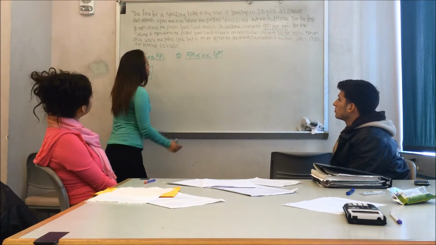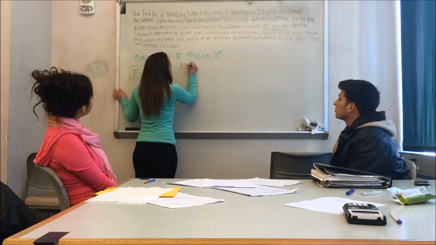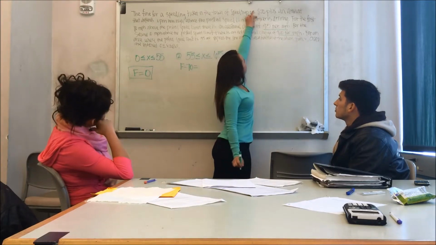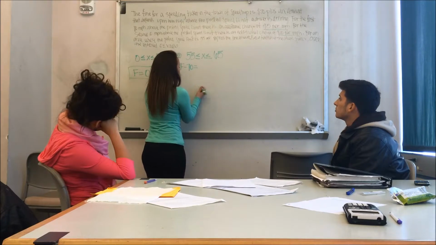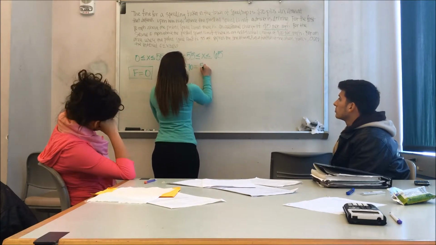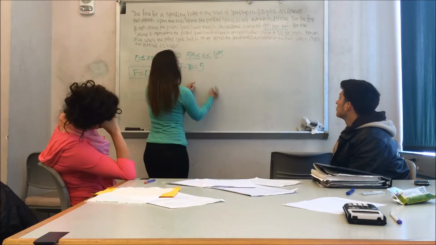So now here, we're going to do F minus 70. And the 70, we got it from the $70 fine. And now we're going to do 5, because that's the additional charge, that's where we're getting the 5 from.